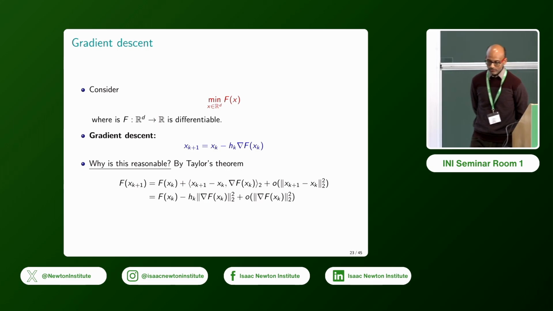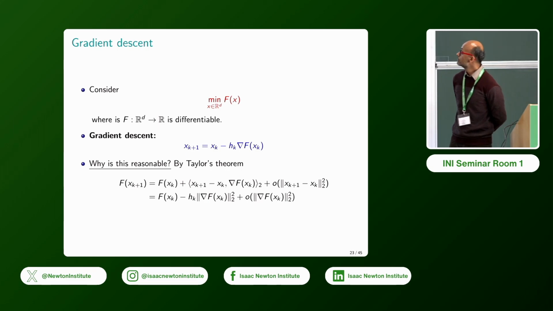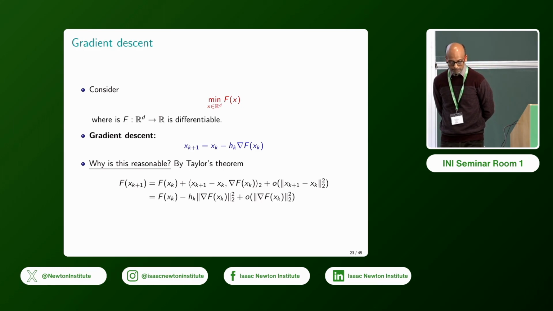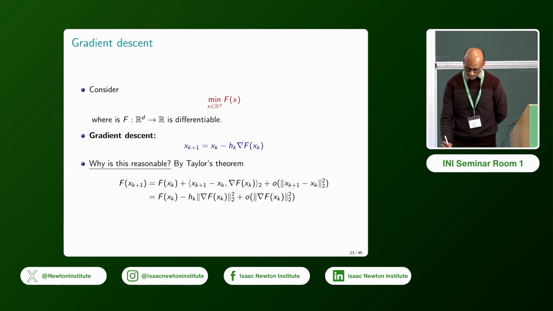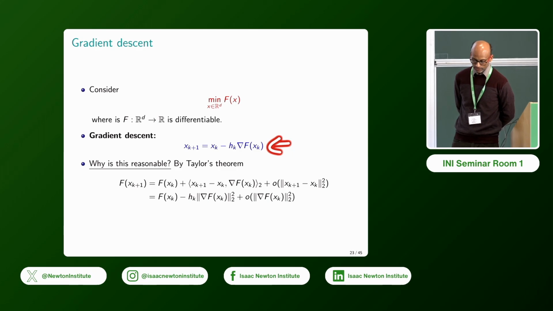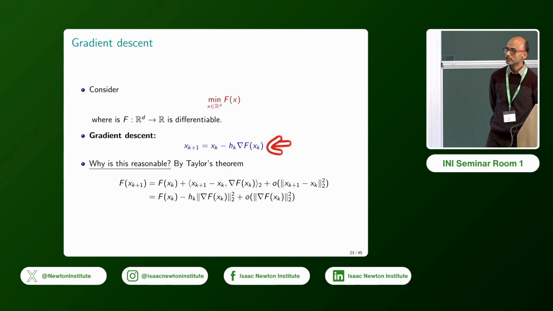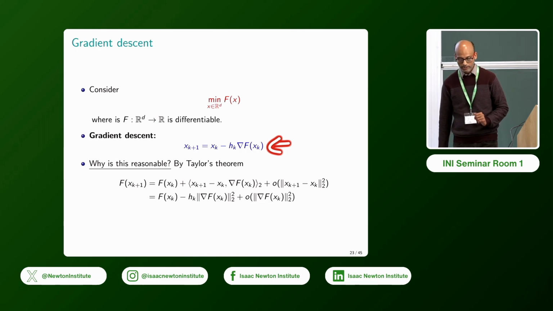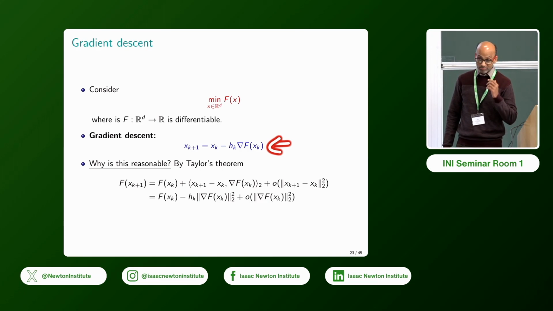So let's say I have this function f and I'm trying to minimize this over Rd, right? And let's say f is differentiable. So the gradient descent update is like this, right? You basically move in the direction that is the negative of the gradient of the function. And why is this a reasonable thing to do?